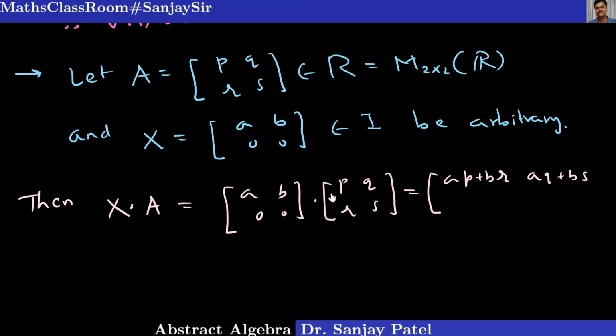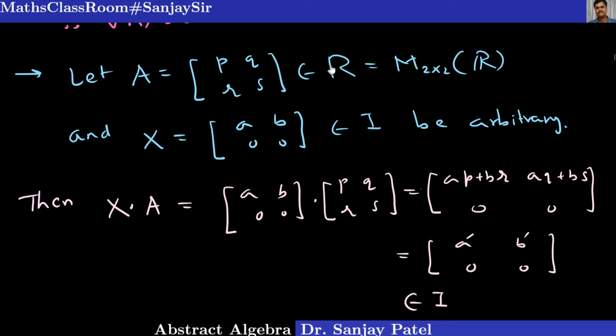Then 0 into P, 0 into S, so this second row is 0. You will get 0 and 0 over here. So this is of the form A dash, B dash, 0, 0, where A dash is this element and B dash is this element. So what is proved is that X into A is of the form A dash, B dash, 0, 0, and therefore it belongs to I.